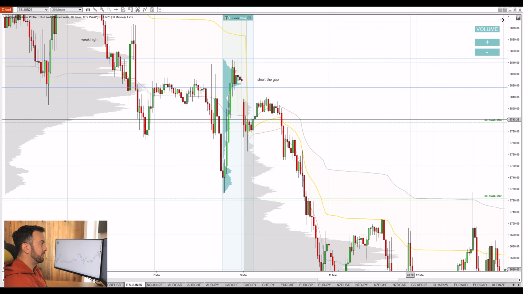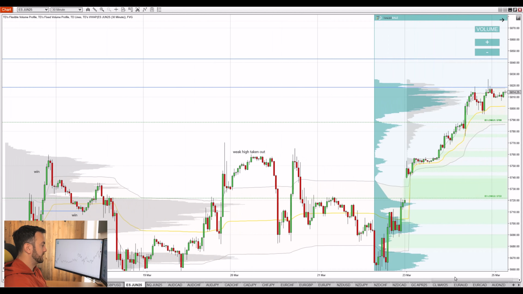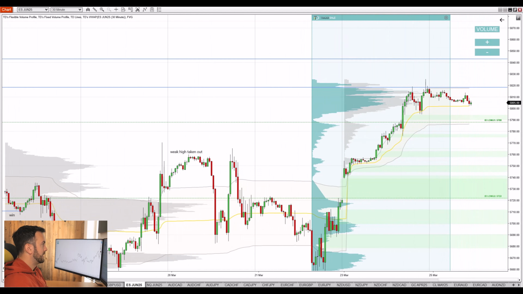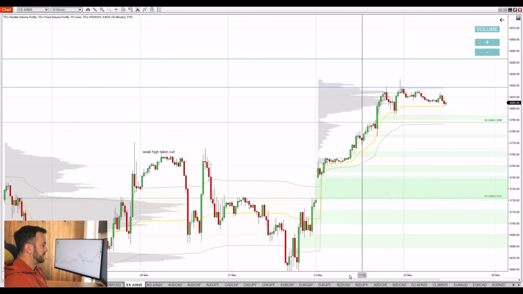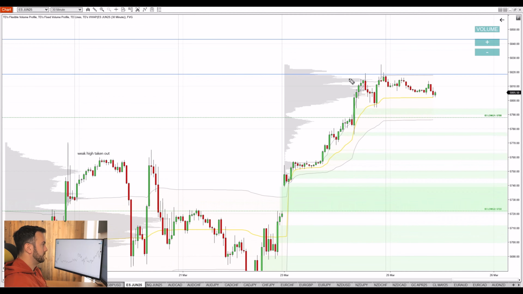Now regarding the take profit placement, we need to go and check out the chart from yesterday. And let me delete this and let's focus just on this area. And you want to look into the area where the price was approaching your short level.